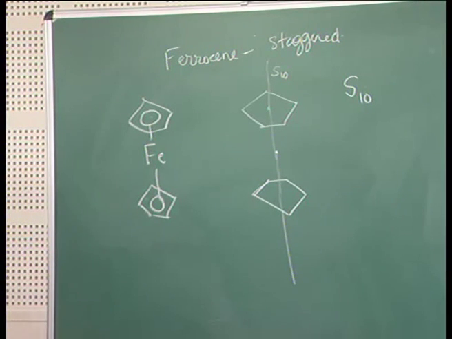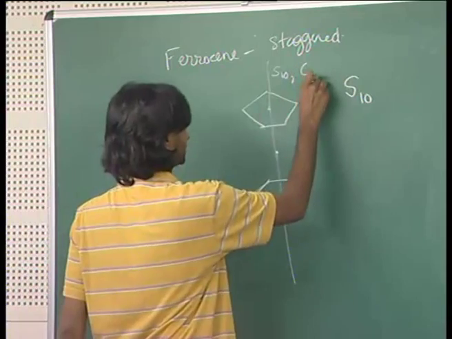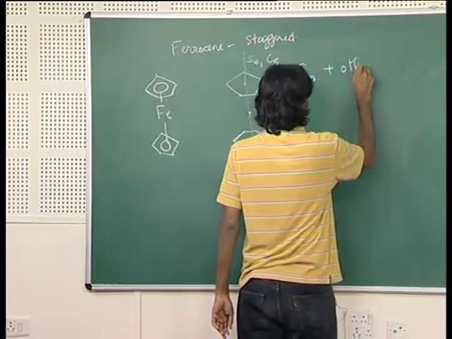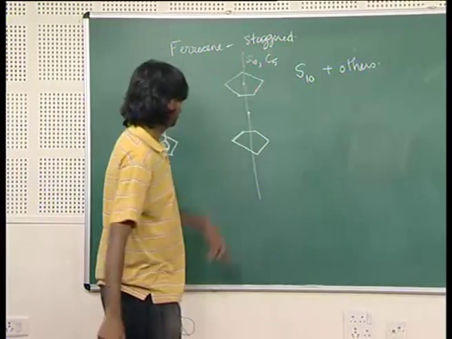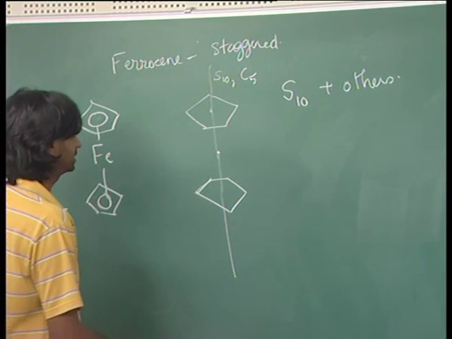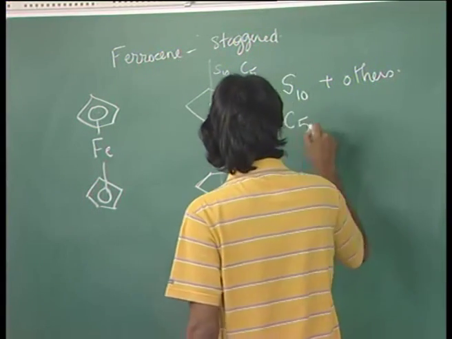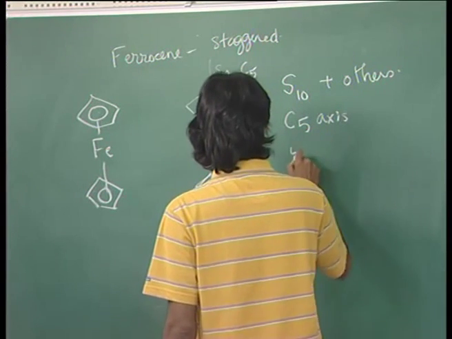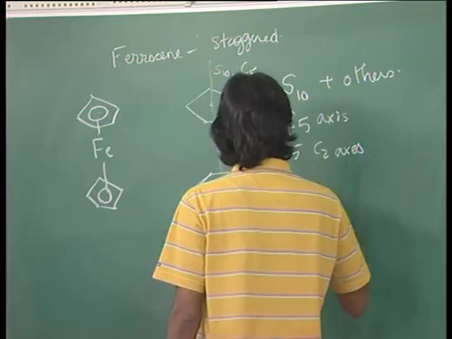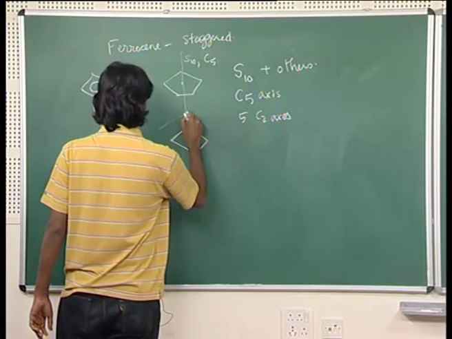But there are other axes also. First thing is that this is a C5 axis. This is also a C5 axis. So S5, S10 plus others. Now what else can you say? You can see that there is a C5 axis, and 5 C2 axes that you should think of in this direction.